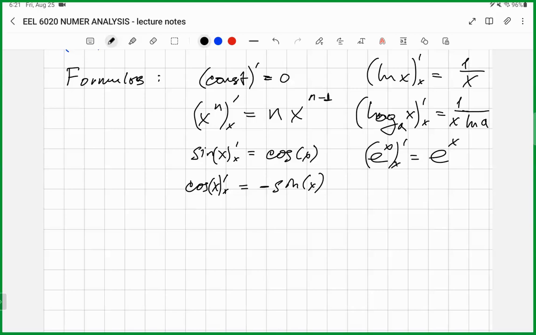So the use of these exponential functions makes life much simpler.